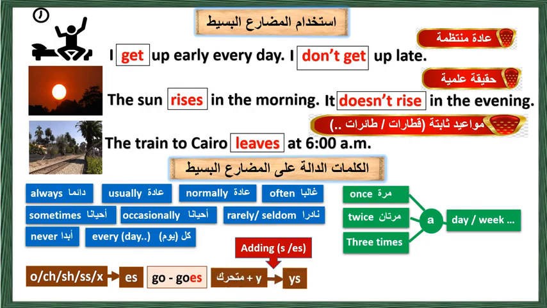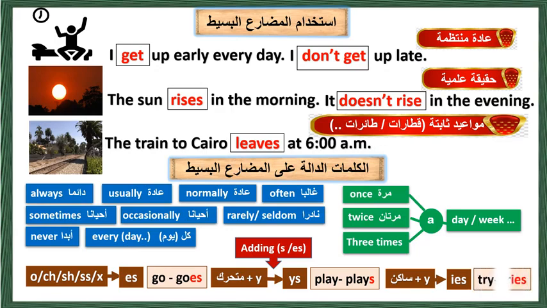If the verb ends with y, preceded by a vowel, a, e, i, o, u, we add only s. Example: play, plays. If the verb ends with y, preceded by a consonant, we change y into i, then we add es. Example: try, tries.